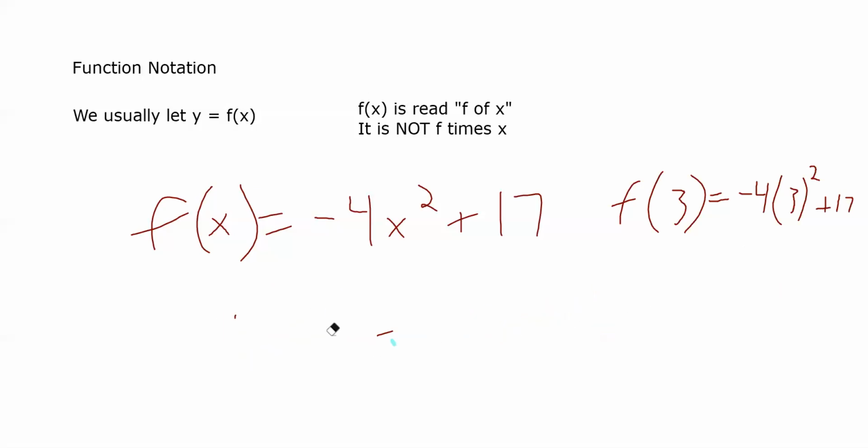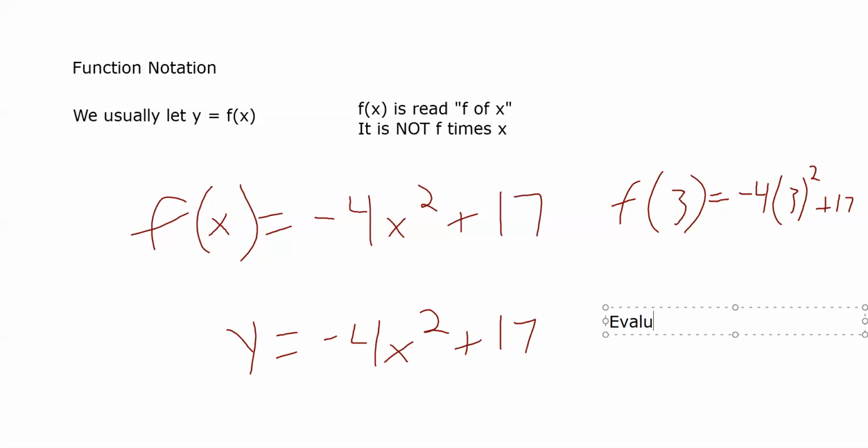If I had written it like this, y equals -4x squared plus 17, then in order to find the y value when x is equal to 3, you have to literally state something ridiculous like evaluate y whenever x is 3.